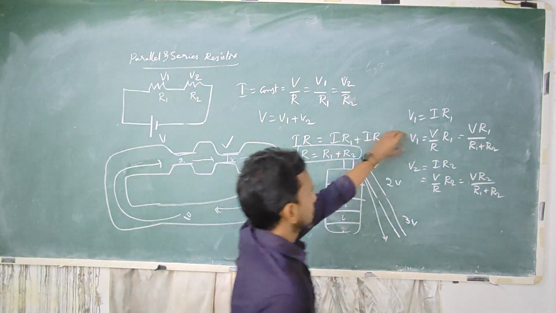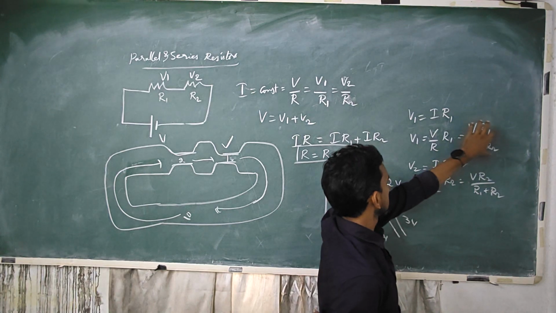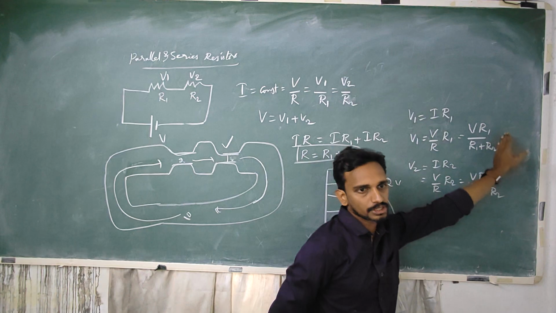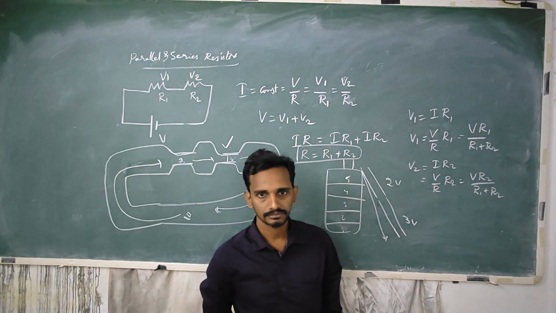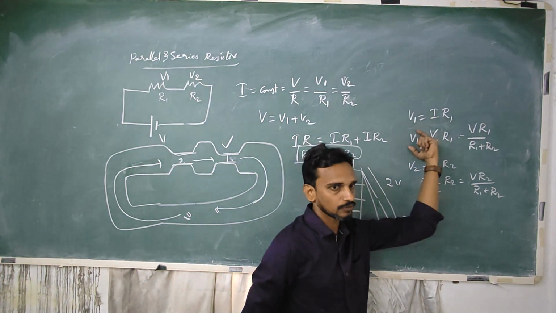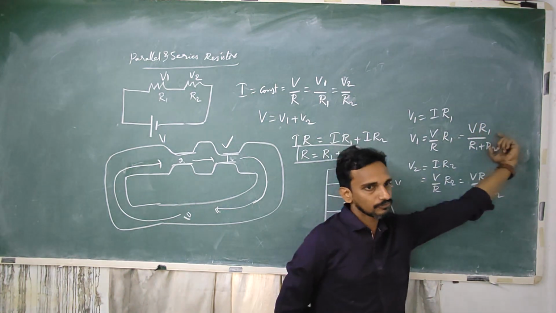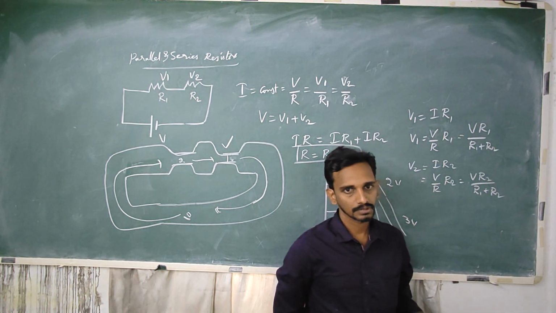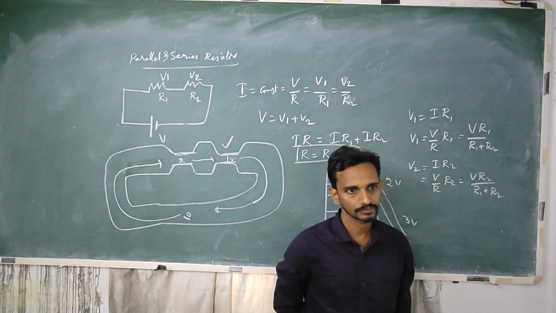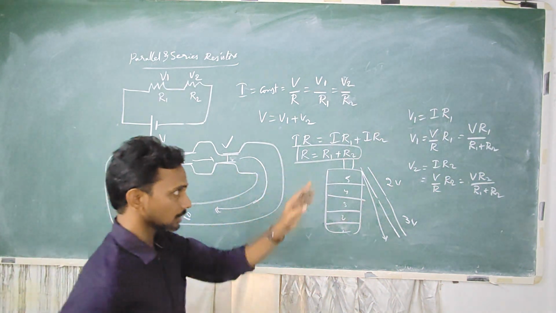So the voltage drop at the first resistor is given by the total voltage multiplied by the fraction of the resistance. So the fraction of the voltage at 1 is obtained by multiplying the total voltage with the fraction of the resistance, R1 by R1 plus R2. This is total, so the fraction is R1 by R1 plus R2. Okay. The same way V2 is V R2 by R1 plus R2.